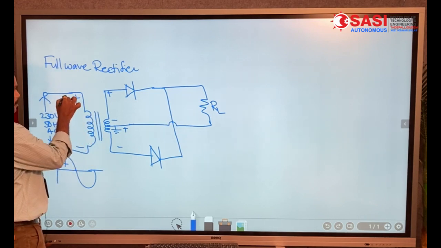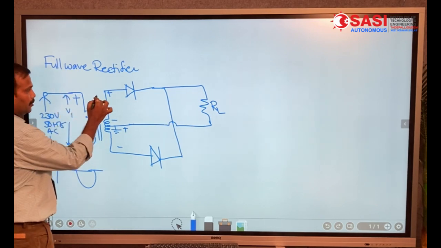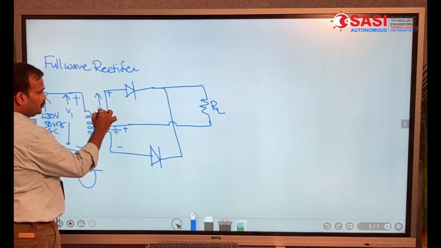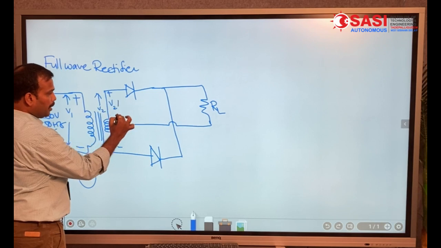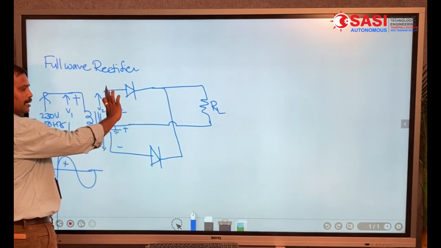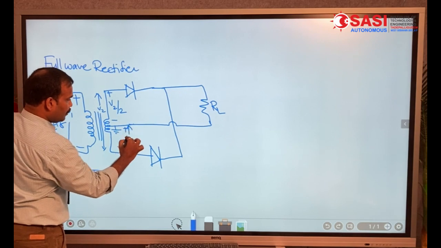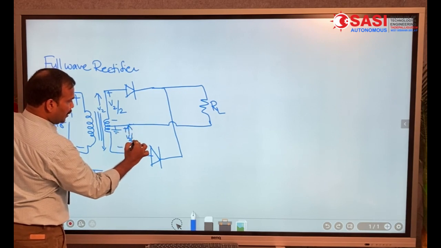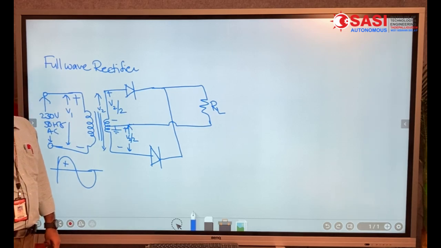Suppose I am applying a voltage of V1 here, and let V2 be the voltage induced across the secondary. Then V2 by 2 voltage is applied to the upper winding and V2 by 2 is the voltage applied at the lower winding.